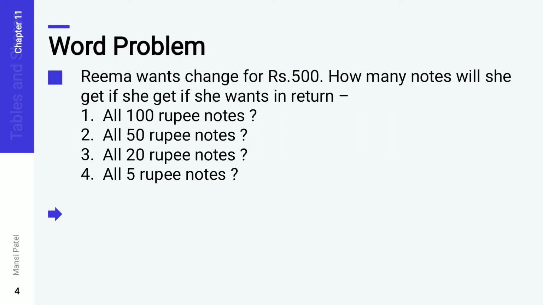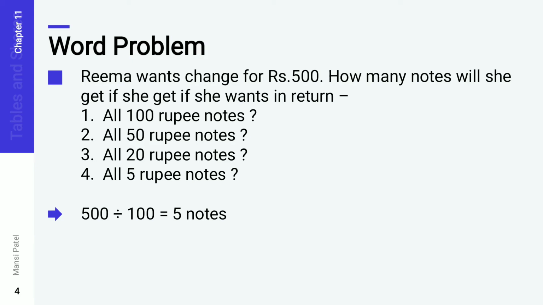Here your total money is 500 and in the first question all the notes are of rupees 100. So you have to just do the division. 500 divided by 100, and 100 fives are 500.